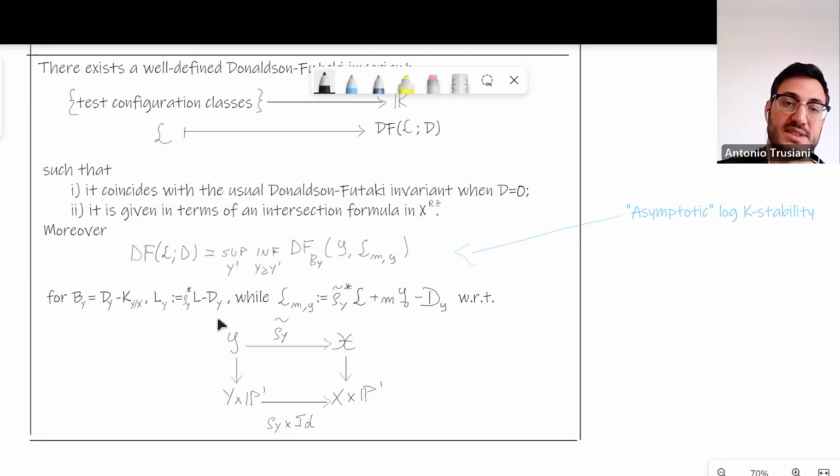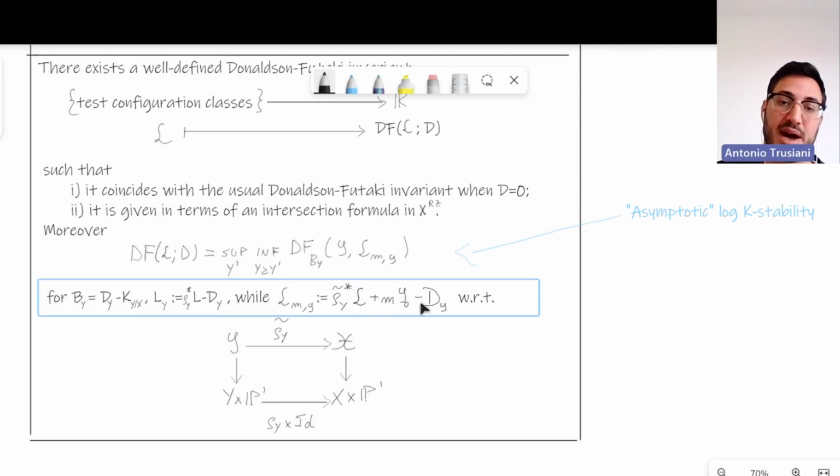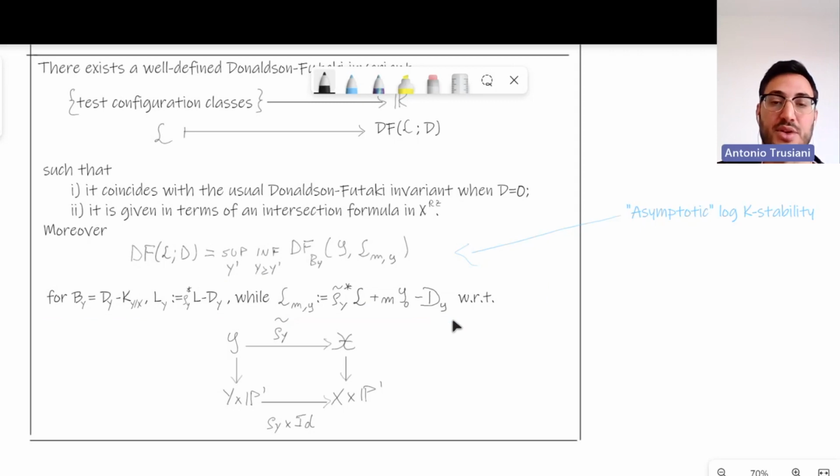So the most natural line bundle to consider on curly Y is this pullback of L minus curly D_Y. But a priori, this line bundle is not positive. It's not ample. It's not nef in general.